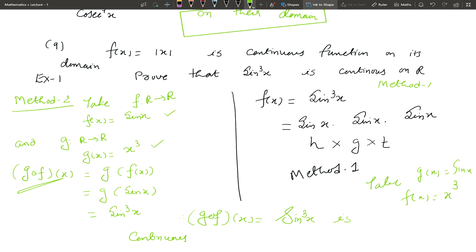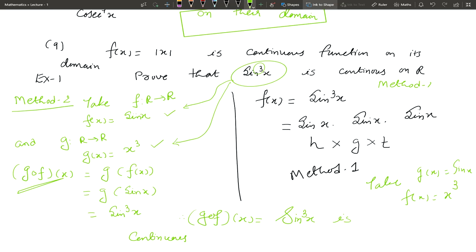So from the definition you have to consider two continuous functions. Here we have taken f of x equal to sin x, and another function g of x equal to x cube, and we know both are continuous.